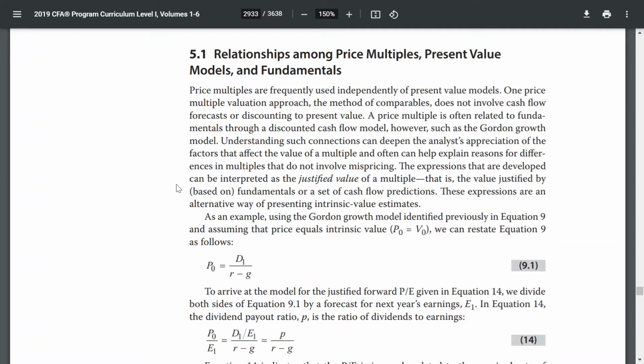Understanding such connections can deepen an analyst's appreciation of the factors that affect the value of a multiple, and often can help explain reasons for differences in multiples that do not involve mispricing. The expressions that are developed can be interpreted as the justified value of a multiple, that is, the value justified based on fundamentals.